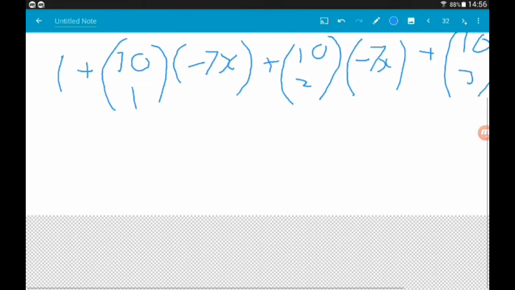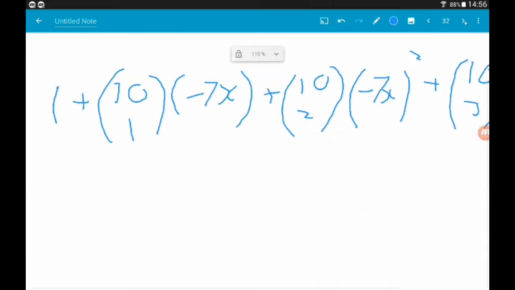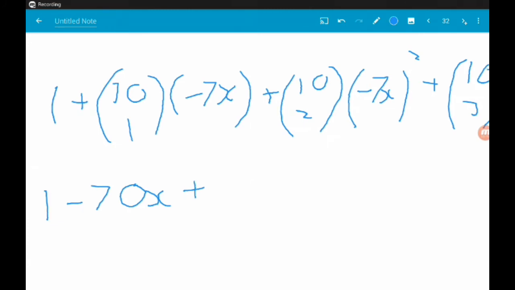So now we just need to simplify. Okay, so we've got 1. Then we've got 10 choose 1. Any number choose 1 is that number itself. So 10 choose 1 is 10, times minus 7 is going to give us minus 70x. And then we've got definitely a job for our calculators. So 10 choose 2 is 45.